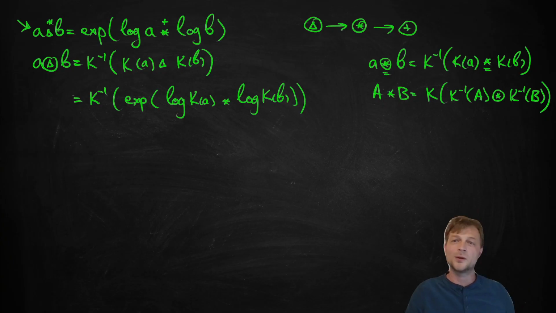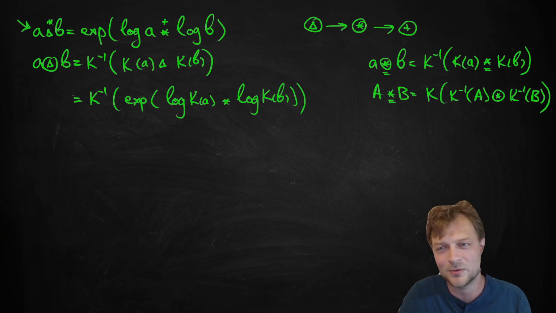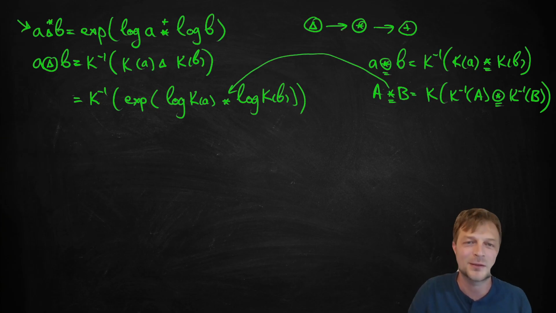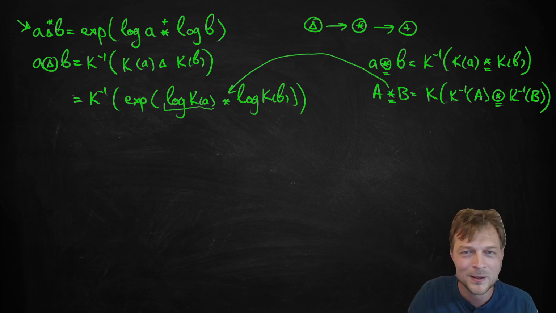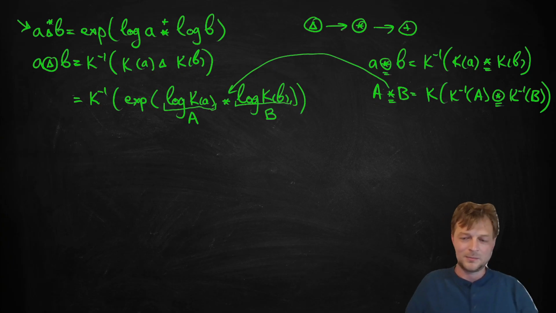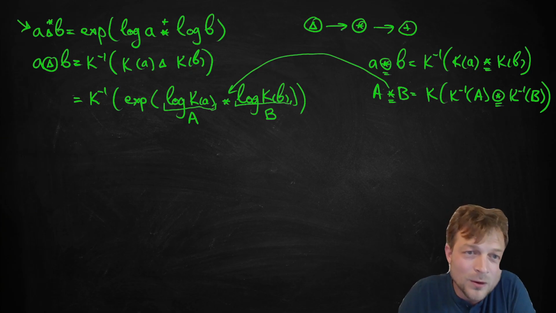Okay, so now we know how to express standard canonical multiplication in terms of circular. And let's now insert it here, okay? So log k of a is our capital A, and this is our capital B. It is a bit long expression, but it's worth writing it down.